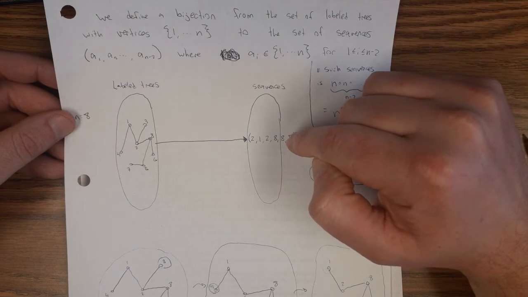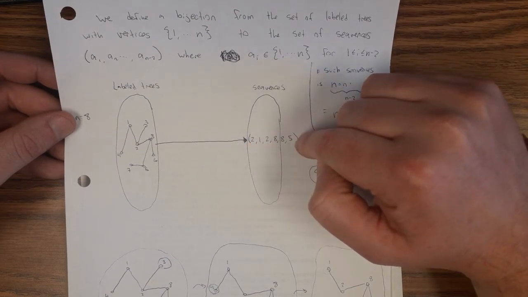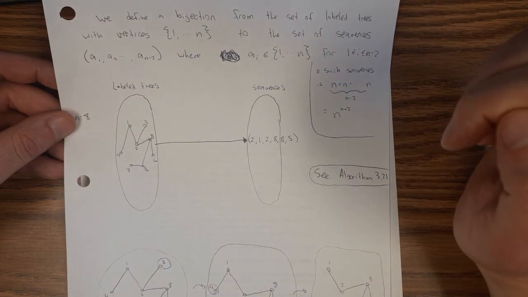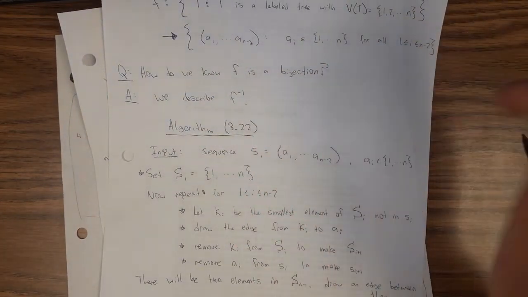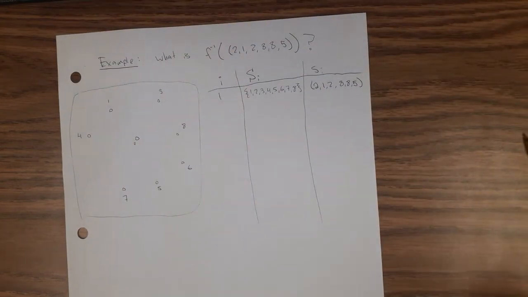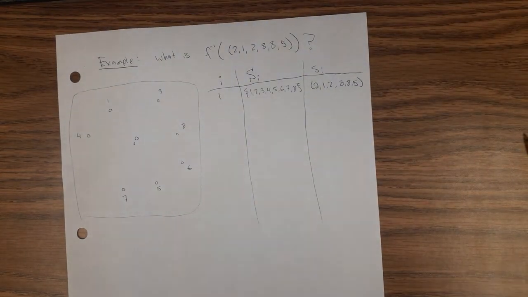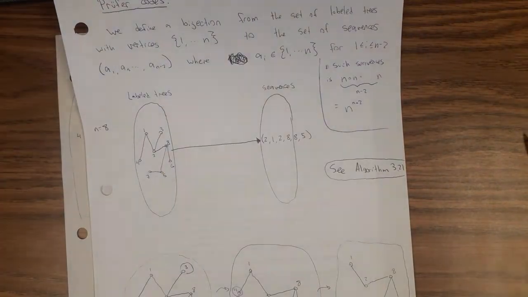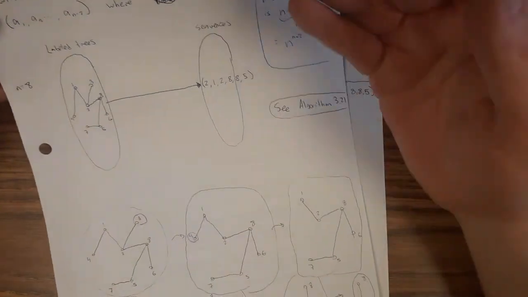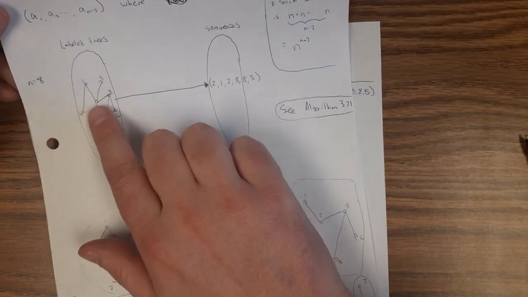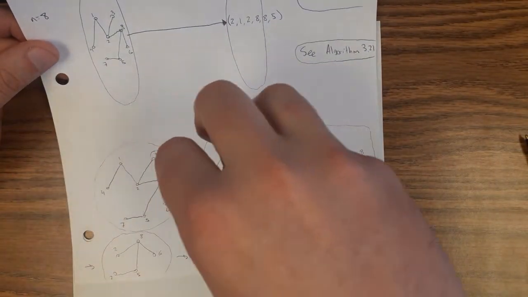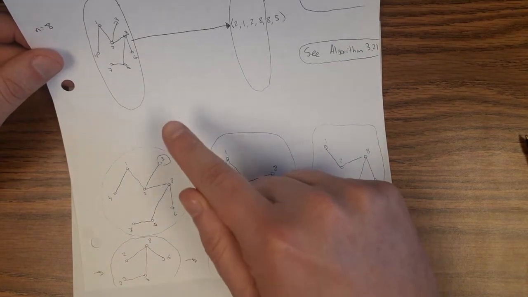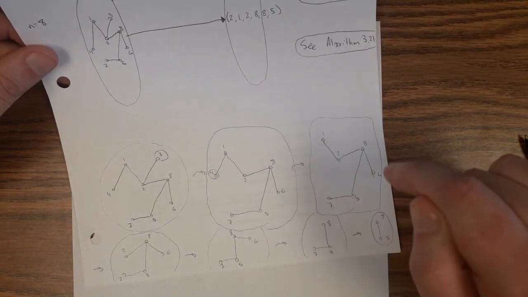So let's talk about how to take this sequence and figure out which tree it comes from if we don't already know. I'm going to follow the algorithm that I described, which is in the book. It's algorithm 3.22. Before I get into it, when we were going in this direction, starting with the tree and coming up with the sequence, this procedure involves removing a leaf and then removing a leaf and then removing a leaf.